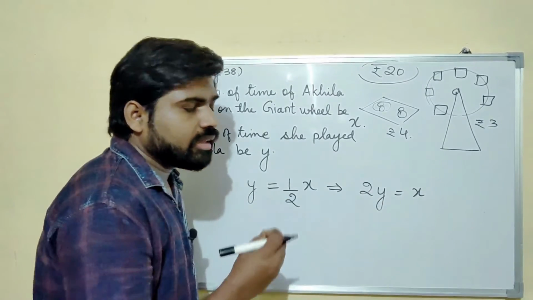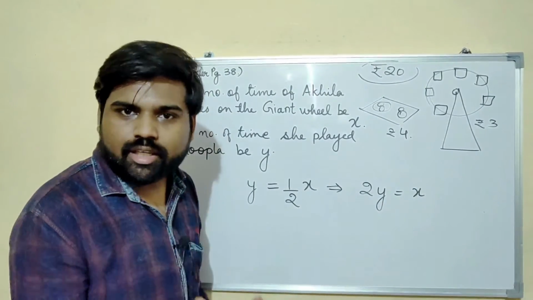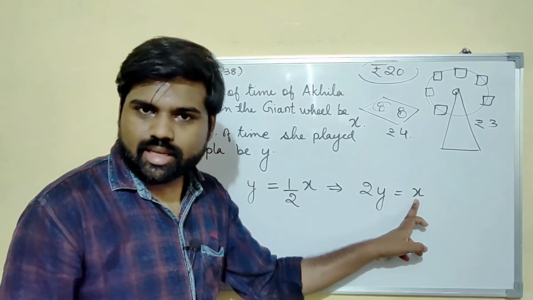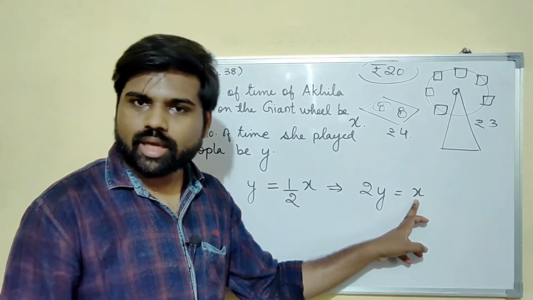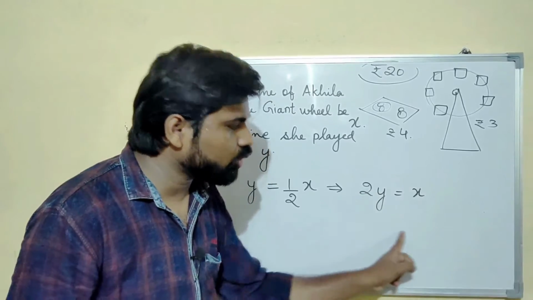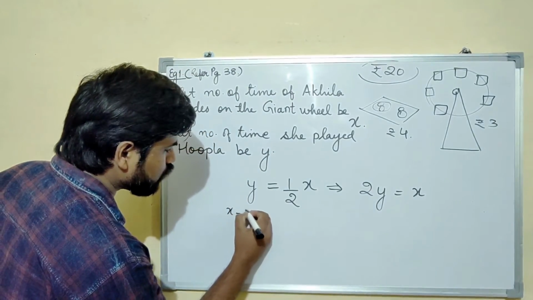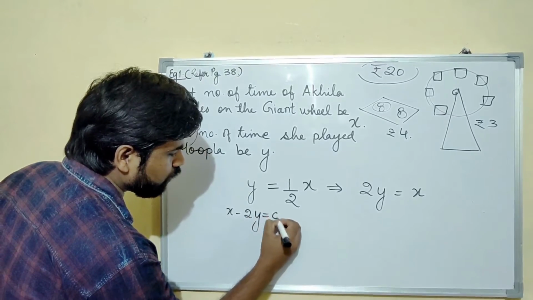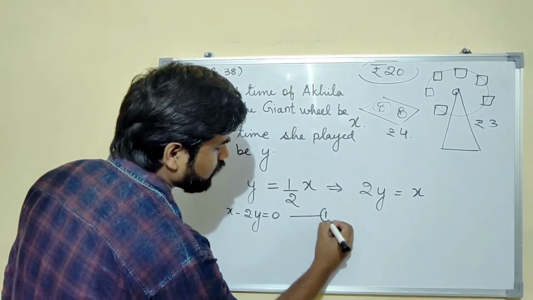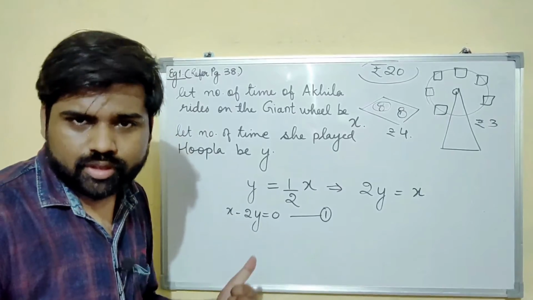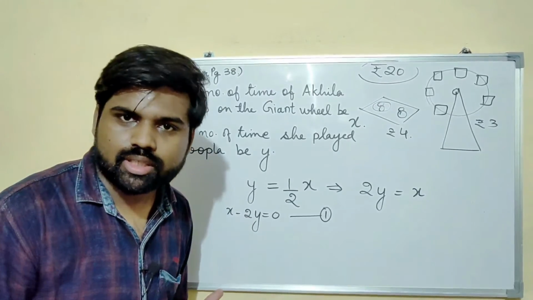By default we keep the x as positive. So let us take 2y to the right hand side. You will get x minus 2y equals 0. This is your first equation. I hope you have understood this.